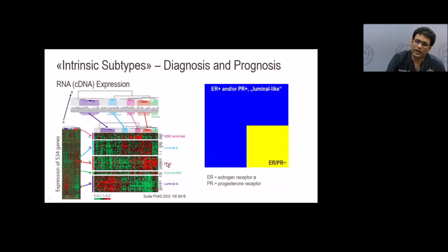We can broadly classify them as luminal, which is further classified as luminal A and luminal B. Then there's the HER2 enriched type. Then this normal-like type is a controversial topic because it looks like normal breast tissue, but we don't know if it is an actual breast subtype or just normal breast tissue that got contaminated in the biopsy sample. That bit is controversial, but we'll omit that.